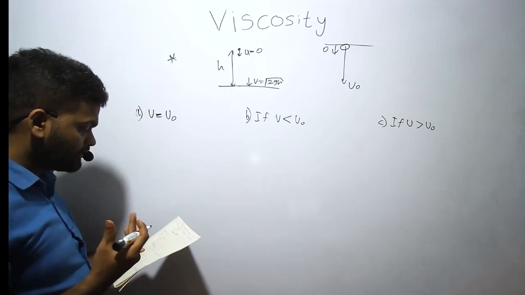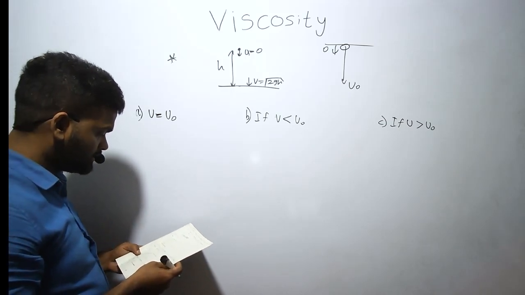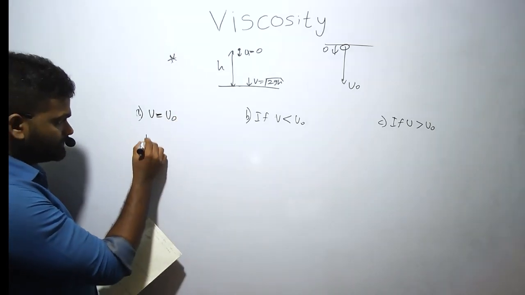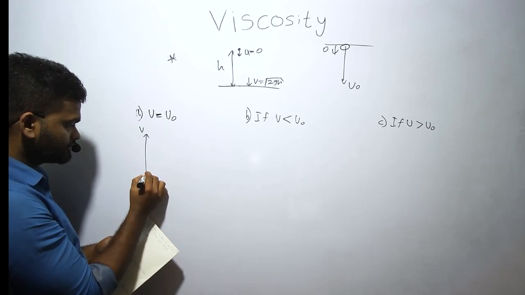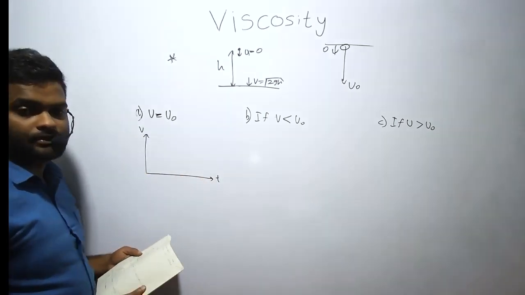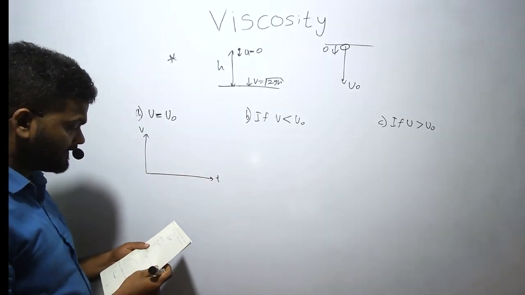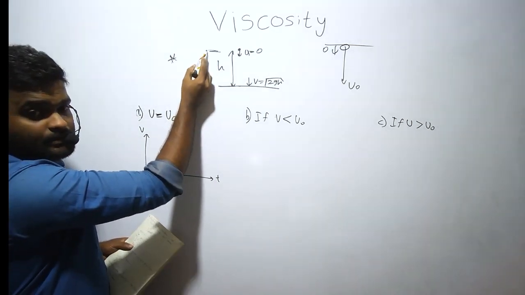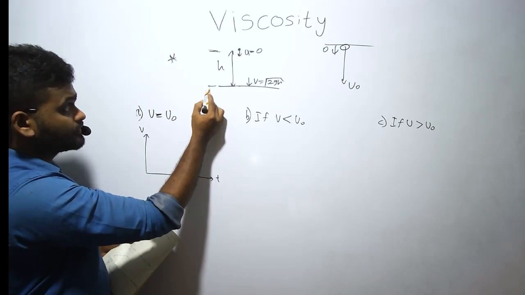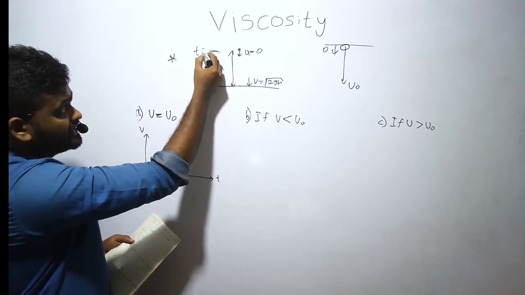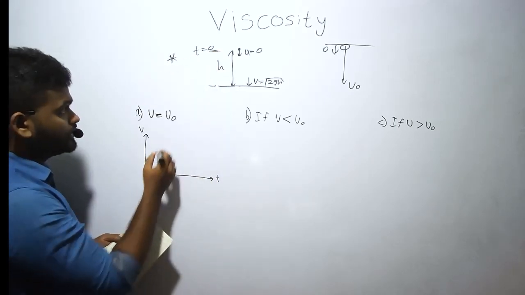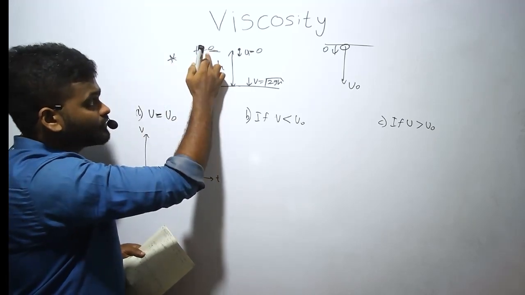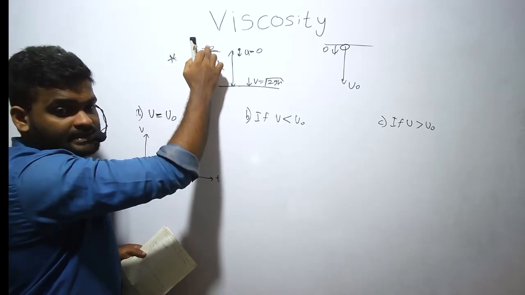So here we have to draw some graphs, right? Under this case, what could happen? I'll draw v-t graphs. I'm drawing the graph from here to here, from the start, so t equals 0 is here. It just drops at g, constant acceleration, right?